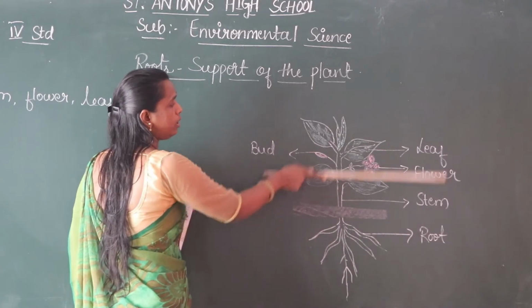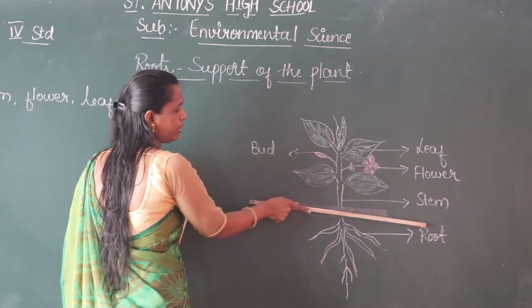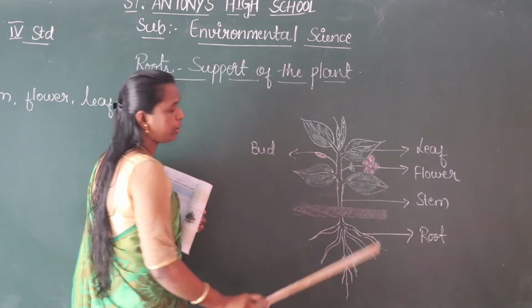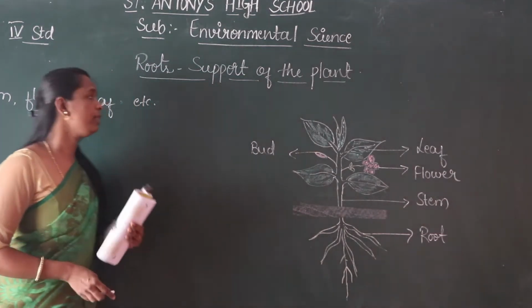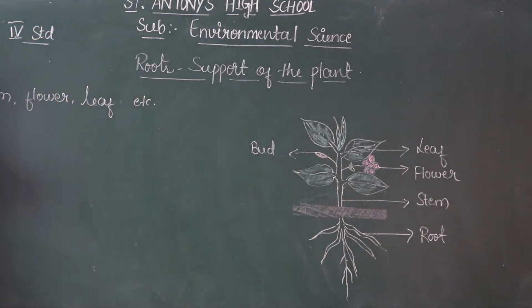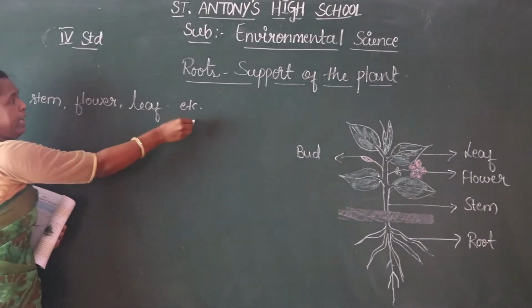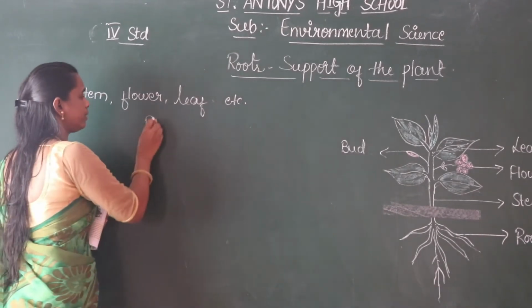Below the soil we observe the root, that is called the root system. So the parts of the plant are roots, stem, flower, leaf, etc. So in today's class we discuss about roots.